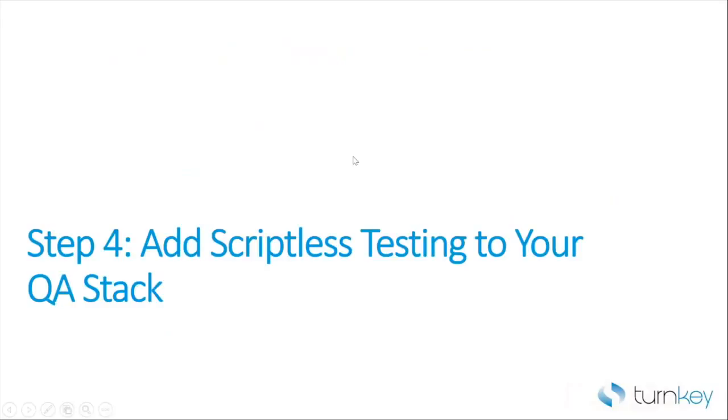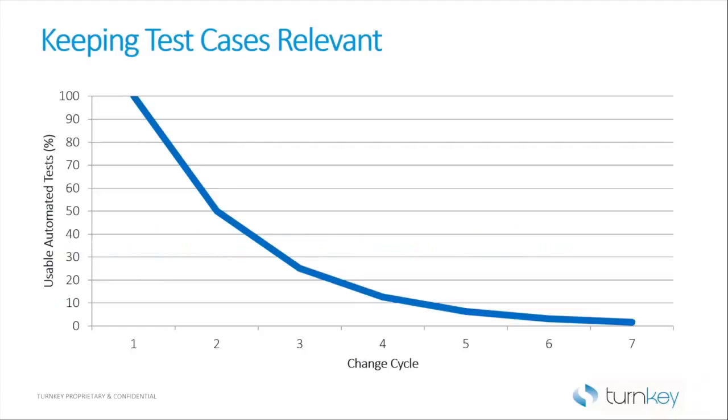Okay, moving on to step 4, add scriptless testing to your QA stack. Over time, as software programs change, the software complexity increases, and architecture and structure deteriorate, unless specific effort is undertaken to mitigate this deterioration.